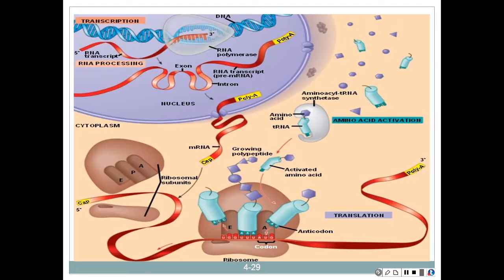The last stage, our third stage, is termination. It can't keep going on and on. It has to stop sometime. So termination is the process where the ribosome reaches a stop codon. The A site binds a protein called release factor instead of the tRNA.